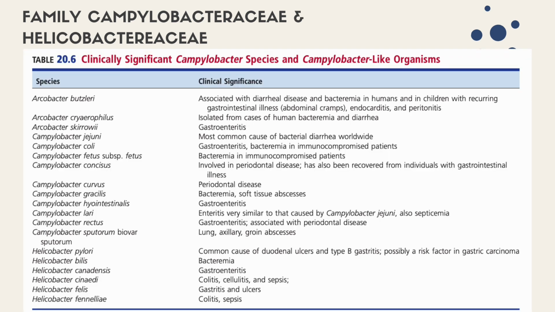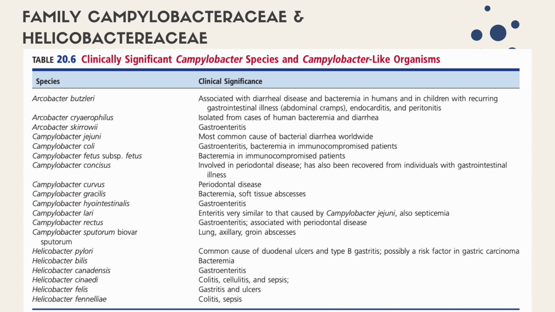So here is the complete list of the Campylobacter species and Campylobacter-like organisms and their associated diseases. It is very important to get familiarized with their diseases and the species that cause them so that we can identify or differentiate them based on the patient's symptoms of disease.